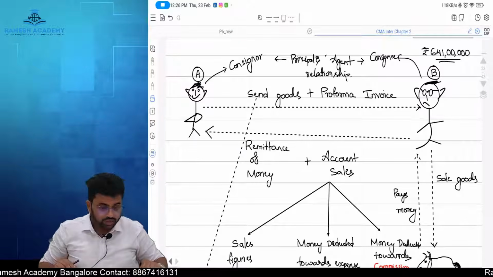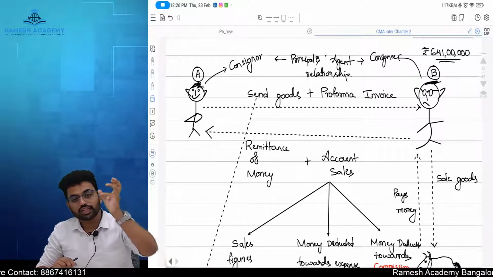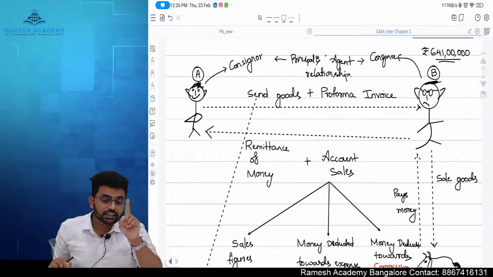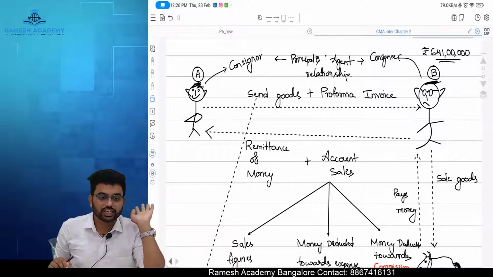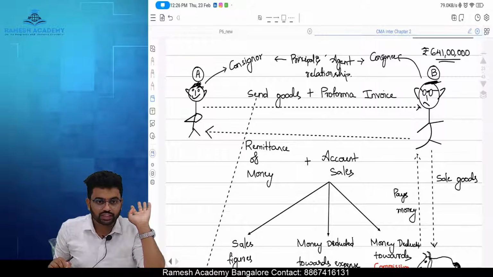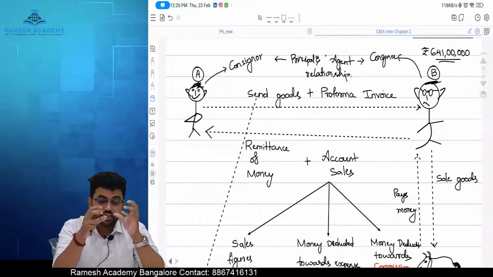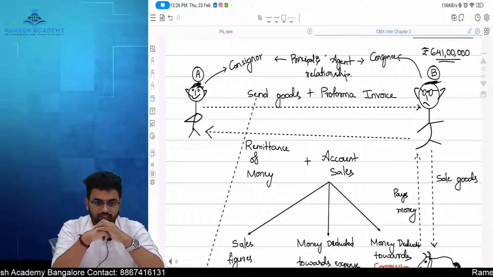What will the consignor do? The consignor will send the goods to the consignee. I repeat, the consignor will not sell goods to the consignee, he will send goods to the consignee. But along with the goods, he will send a document known as a pro forma invoice.